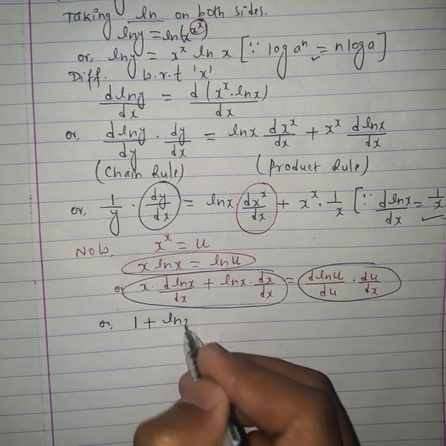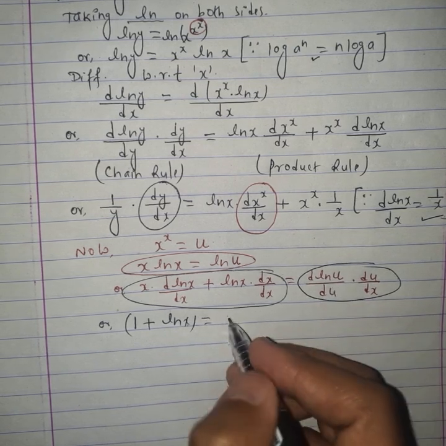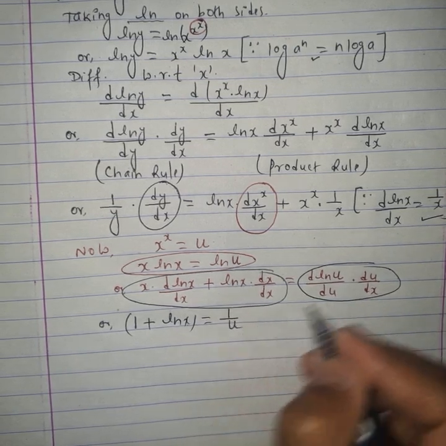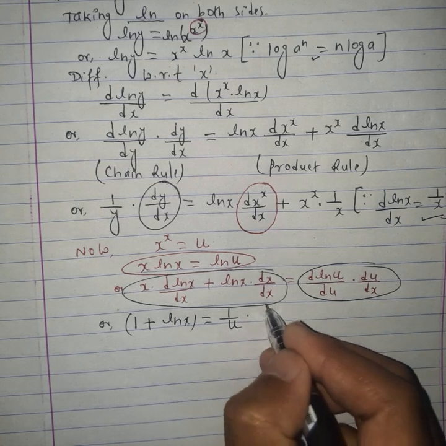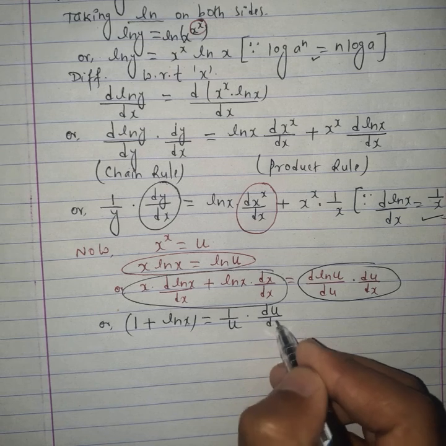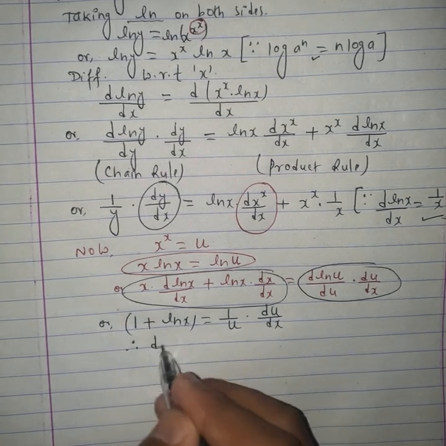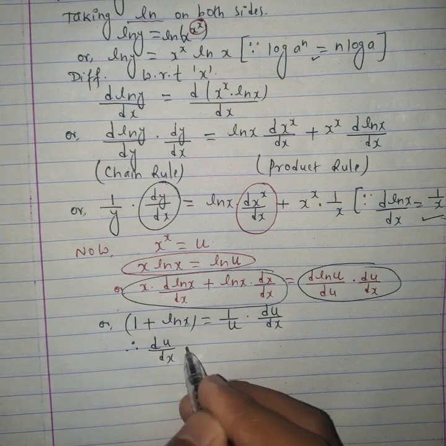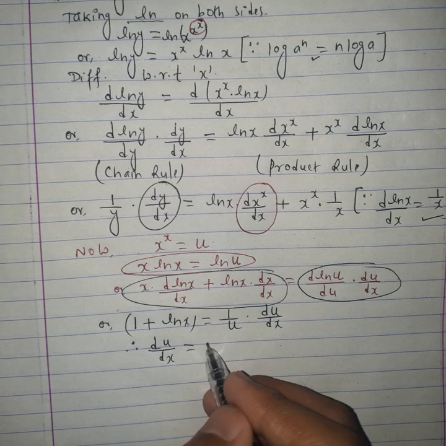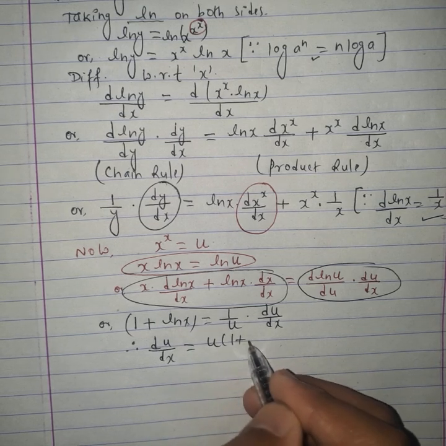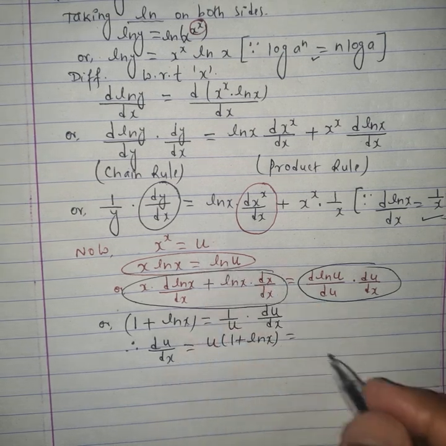So 1 plus ln of x equals 1 over u times du over dx. The derivative of ln of u with respect to u is just 1 over u, times the derivative of u with respect to x. Therefore, from these equations, transposing this u to the right-hand side and cross multiplying, du over dx equals u times 1 plus ln of x, and the variable u is x to the power of x.